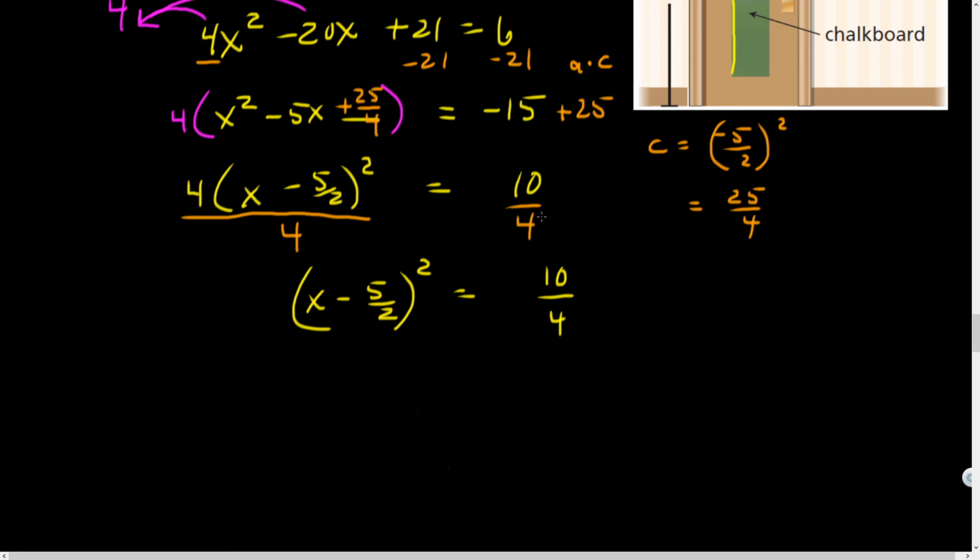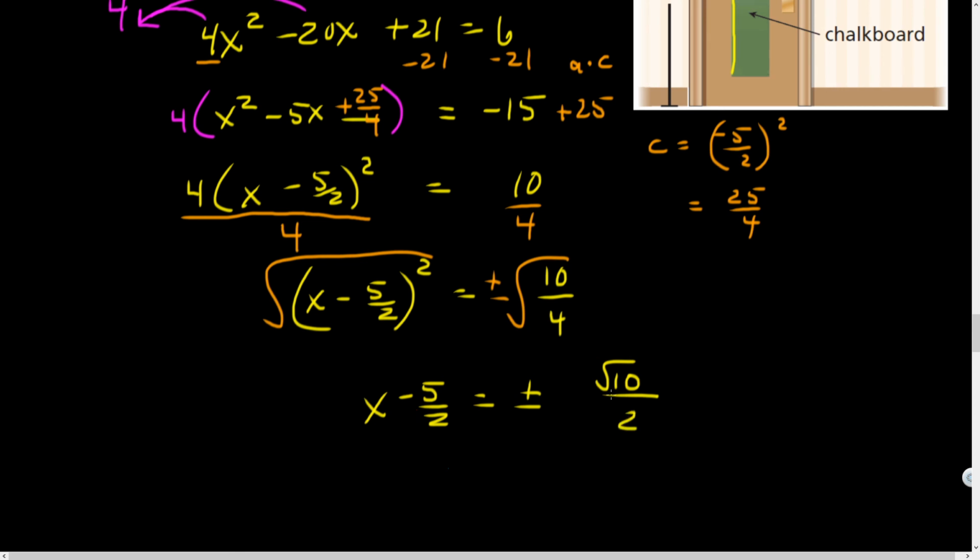Why am I choosing not to? Because the denominator happens to be a perfect square. You'd have been fine if you wrote that as 5 halves, by the way. Plus or minus that, and I get x minus 5 halves equals plus or minus the square root of 10 over the square root of 4, which is 2. And then add 5 halves to both sides.